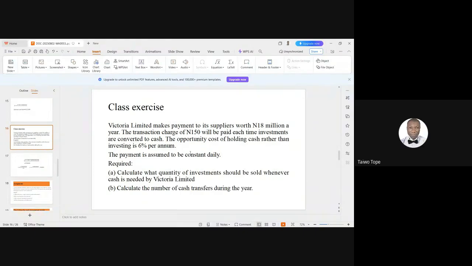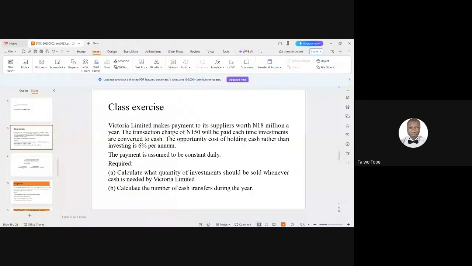The meaning of the statement is that the payment to suppliers is the same and does not vary. If you are getting 300,000 every order, that is the same 300,000 you are to get.